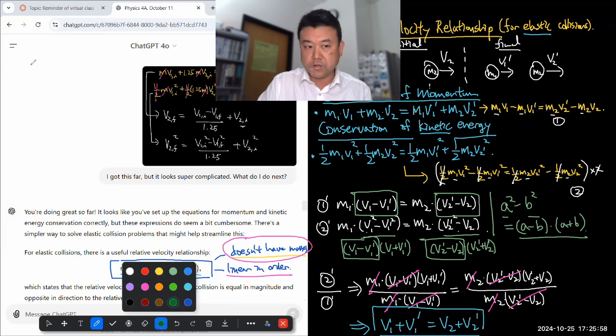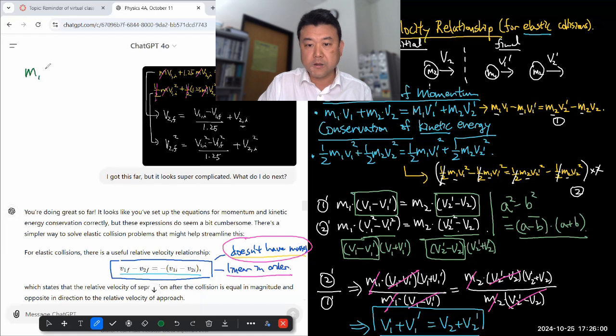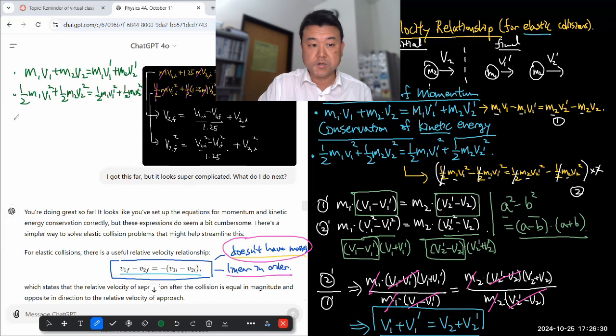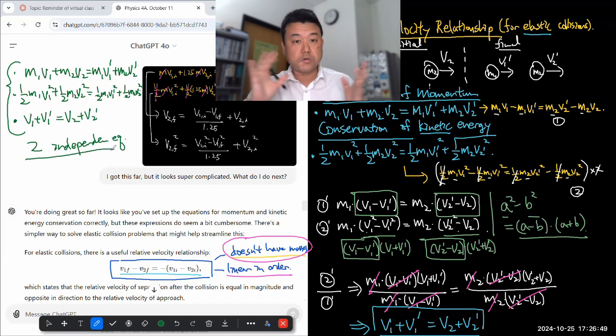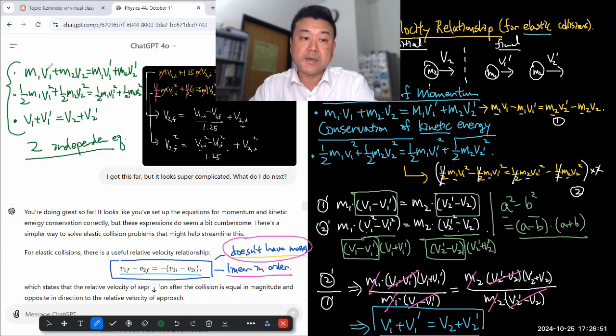Between these three equations, conservation of momentum, conservation of energy, and finally this expression that we just derived, v1 plus v1 prime is equal to v2 plus v2 prime. Between these three equations, you have two independent equations. So if you have two unknowns, you can solve for them by picking any two out of these three equations.